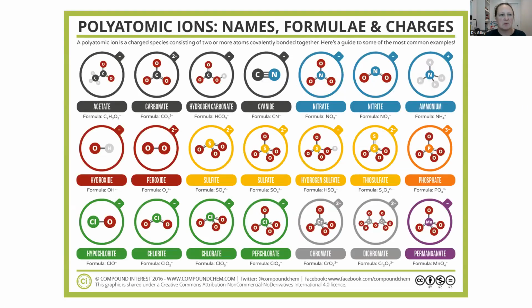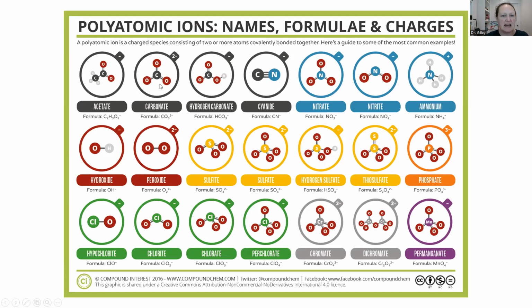Okay, so again, a little bit more on what exactly is a polyatomic ion, right? Well, it's an ion, so it's a charged species, and it consists of two or more atoms covalently bonded together. So that's a new term for us, covalently bonded. That means that the atoms are sharing electrons instead of having formally transferred electrons from one atom to another.